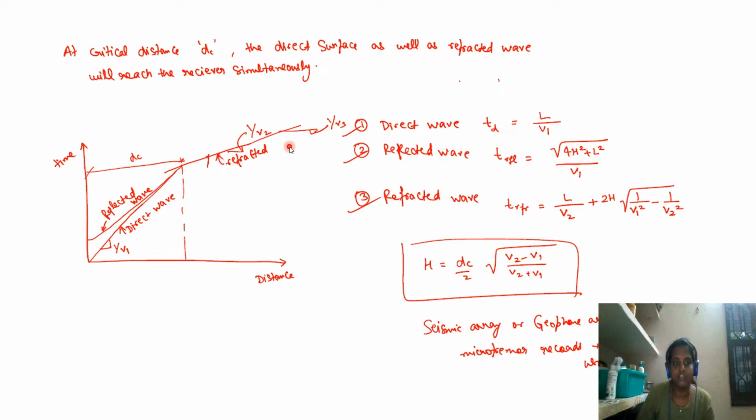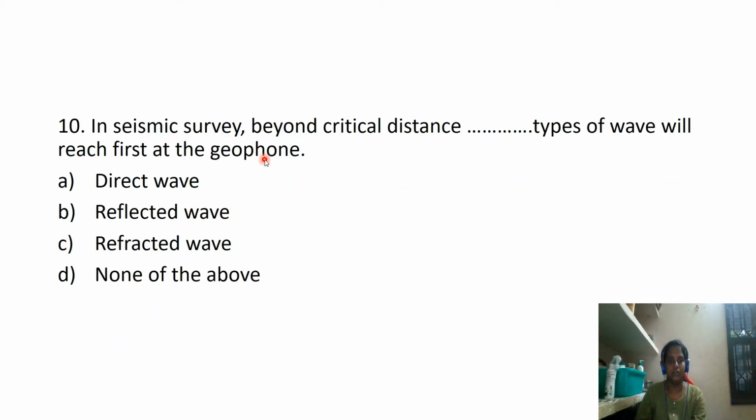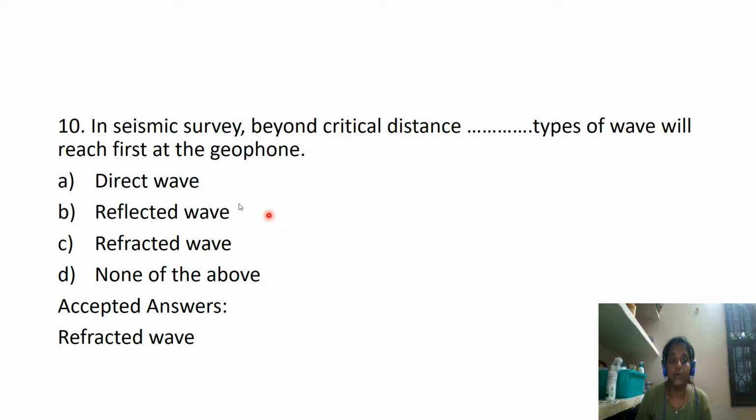Beyond that critical distance, we will have only refracted waves reaching the receiver. So the answer is refracted waves. But exactly at the critical distance, you'll have both direct wave and refracted wave reaching the geophone simultaneously. Beyond the critical distance, we will have only refracted wave.